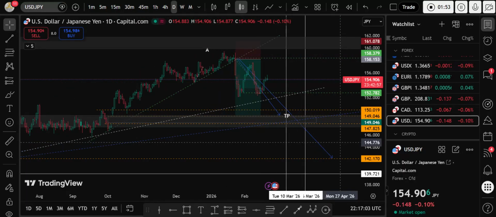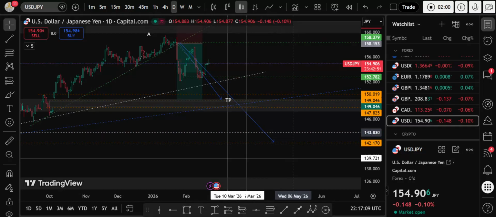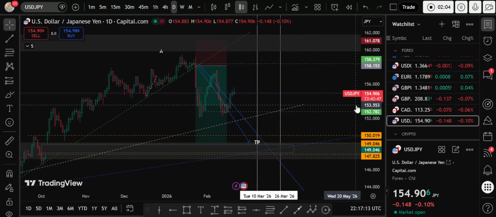This is where we are expecting the USDJPY pair to reach, or actually before we closed our trade. Mind you, this is a swing trade with the approach of a top-down analysis that we've already done. If you check my previous videos, you see the analysis we did before, it played out and everything.